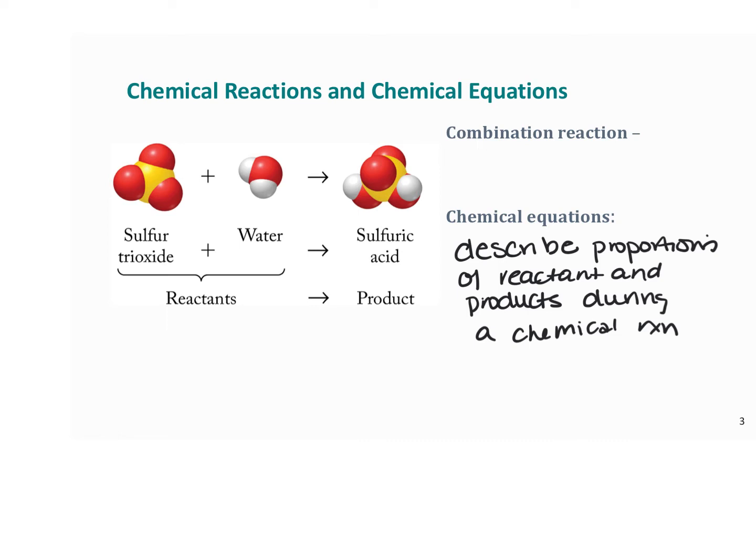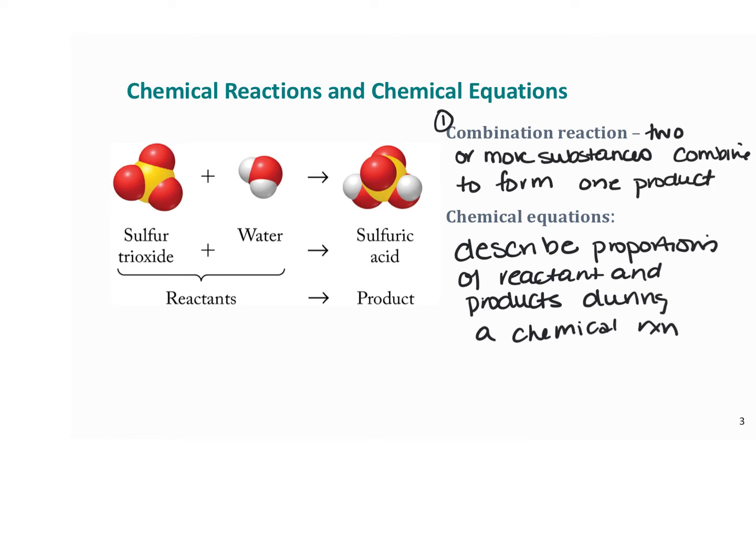So one of the types of reactions that we're going to talk about are combination reactions, where two or more substances combine to form one product. And so the reaction that you see here is an example of a combination reaction.